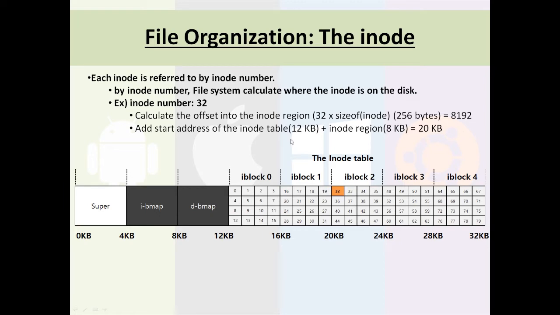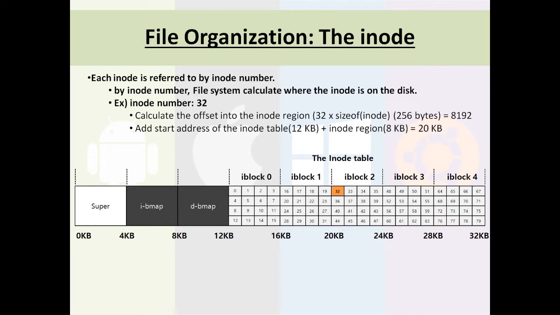Each inode is implicitly referred to by a number, called the I number. This is the number we talked about earlier, the low-level name of a file. So we're going to see if we can get the location based on the inode number.